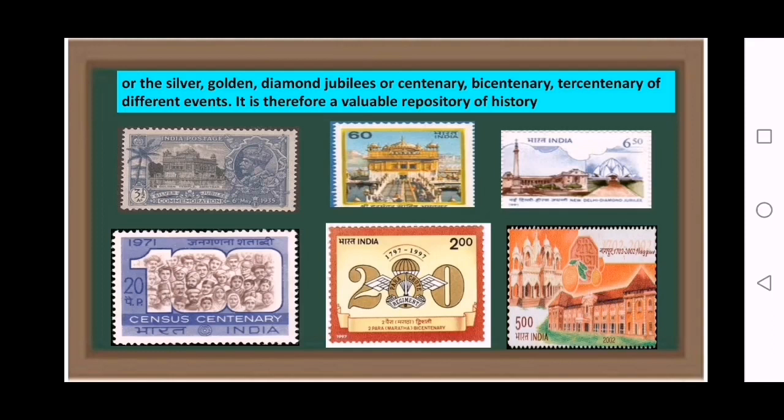It is therefore a valuable repository of history. It is a valuable resource of history which gives us the past, present, and what changes we have to make in the future, children.